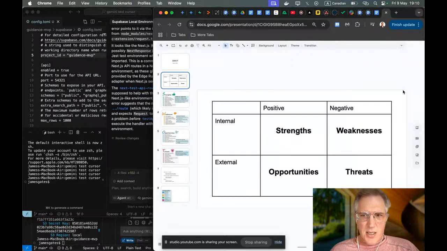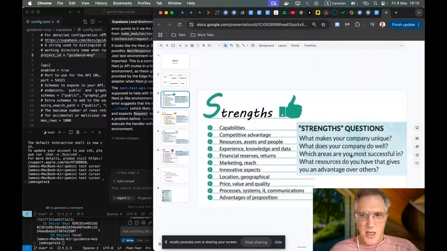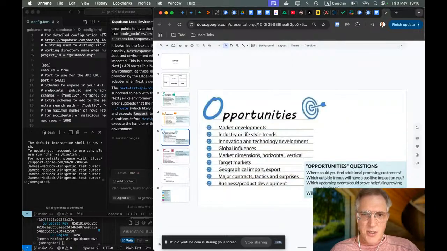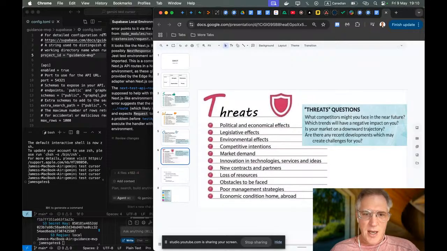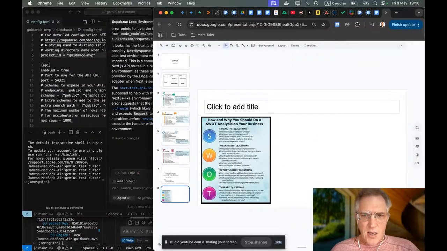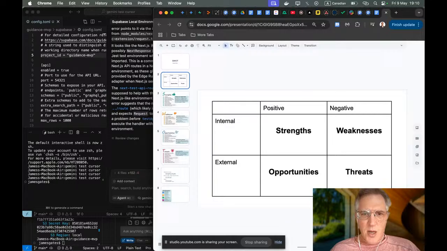We take a look at this. We say, okay, so it's made up of this, and then here's a bunch of questions to help us, and here's a bunch of categories, questions, categories, questions, categories. It gives people a really nice, robust way of understanding the SWOT analysis.